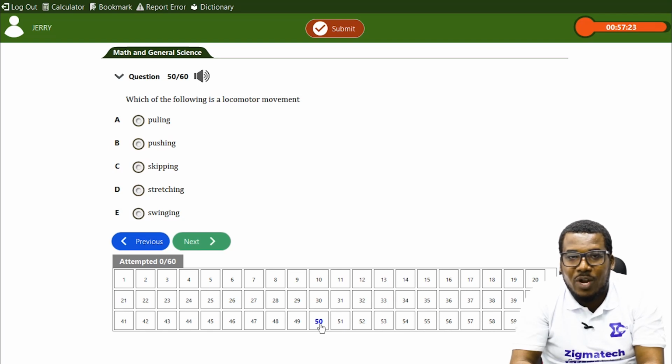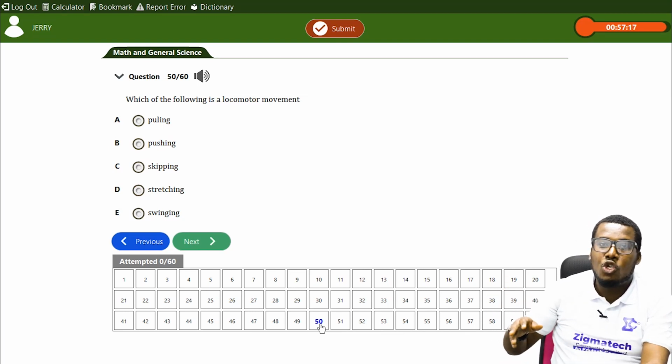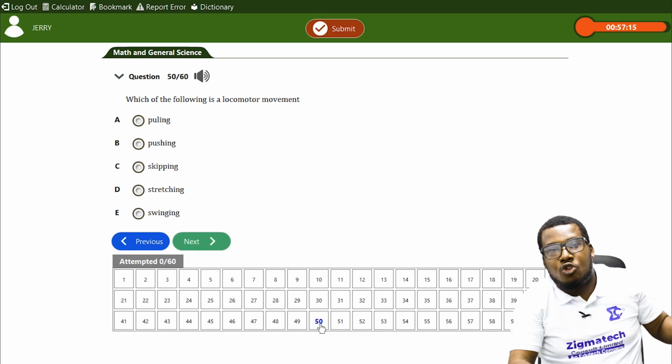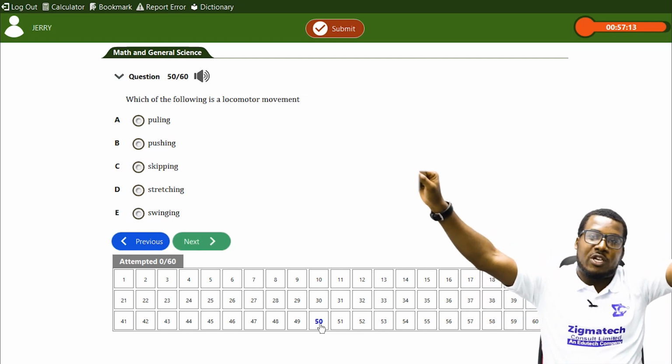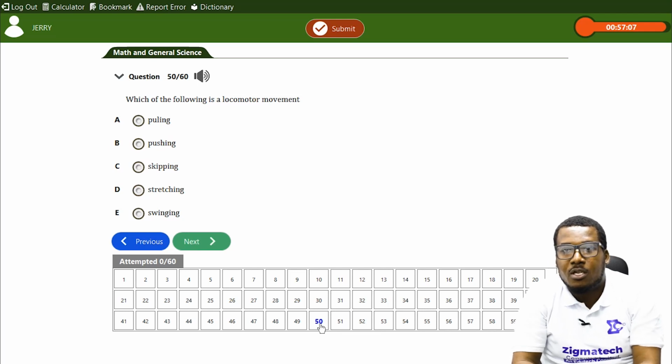Then D has to do with stretching. Stretching is more linked to physical fitness. You wake up in the morning and stretch, making sure your blood circulates around your body and your body responds to your neurons. So that is more about stretching.